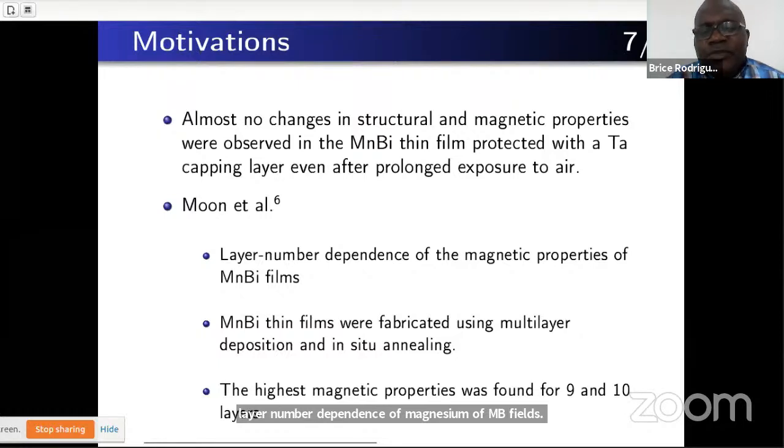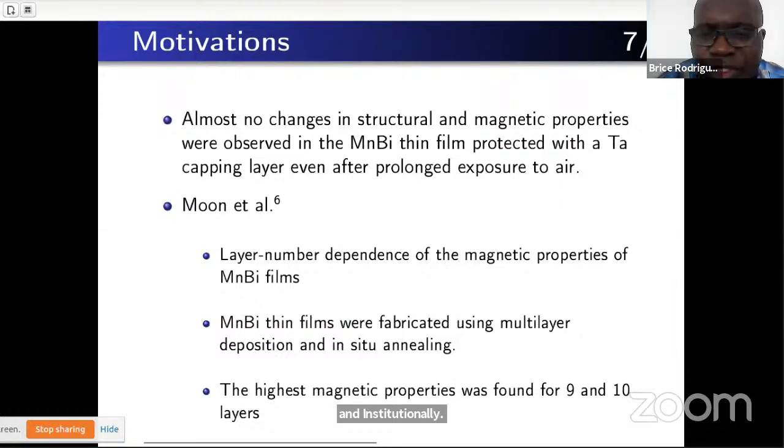These films were fabricated using multilayer deposition and in-situ annealing. They concluded that the highest magnetic property was found for 9 and 10 layers.